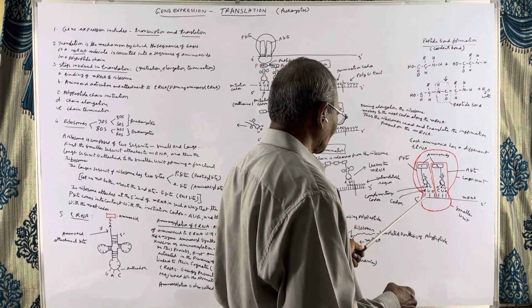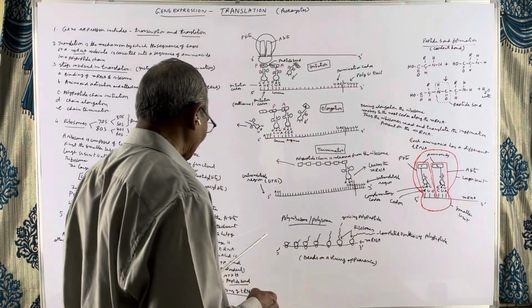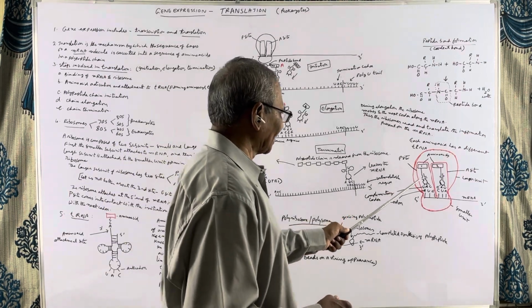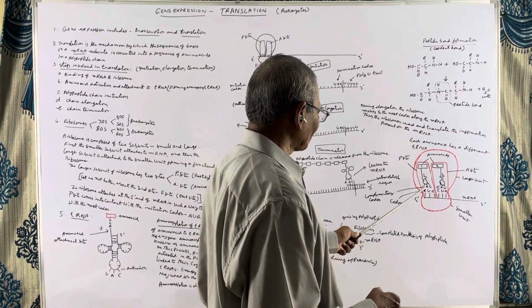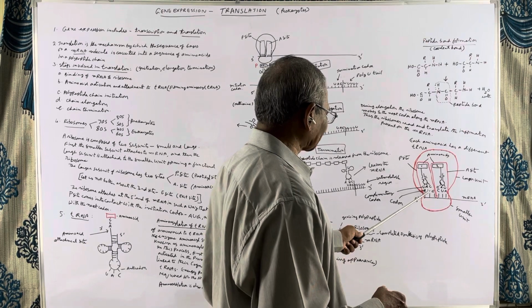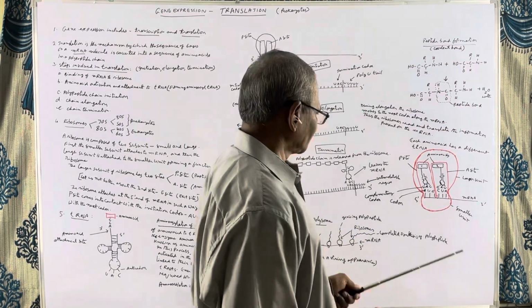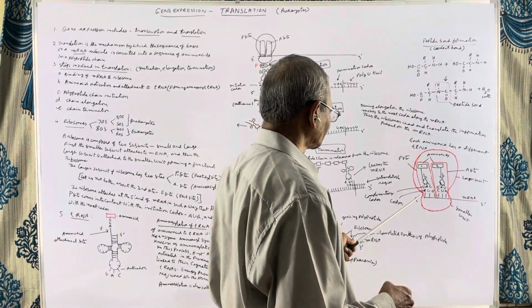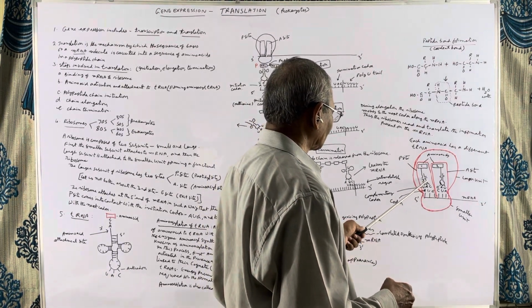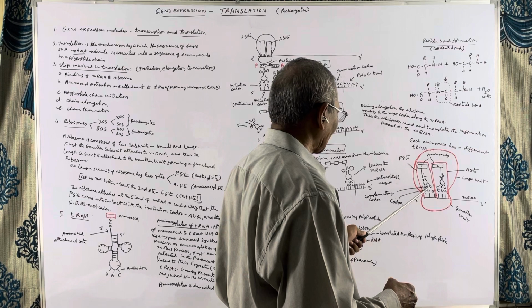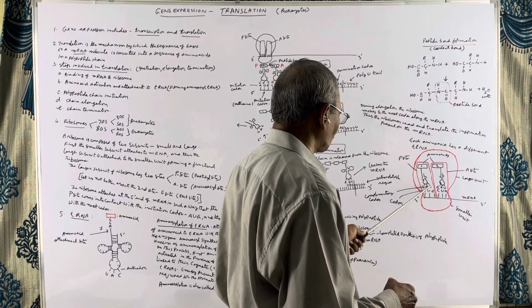So first, one aminoacyl tRNA, containing the amino acid corresponding to this code, is brought. This tRNA has an anticodon which is complementary to this codon AUG, so UAC.